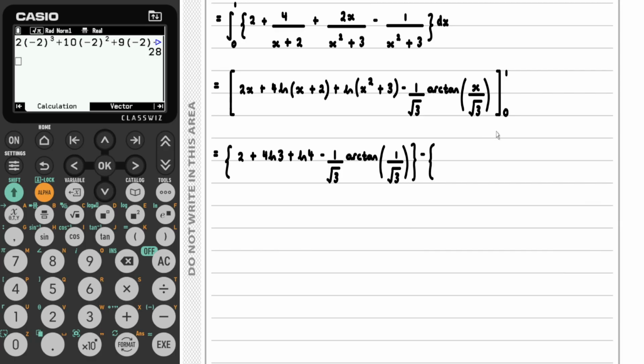For our lower limit, if we substitute in 0, we have 0 plus 4 times the natural log of 0 + 2, so that's 4 times the natural log of 2, plus the natural log of 0² + 3, so that's the natural log of 3, subtract 1 over root 3 times the arctangent of 0.